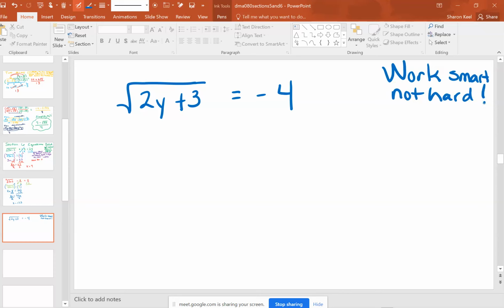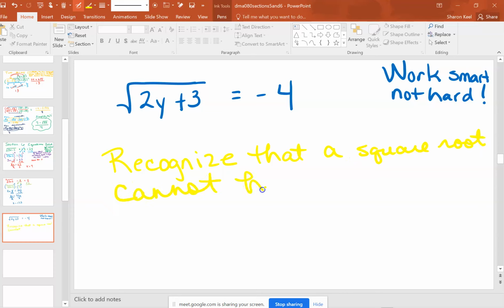What they're wanting you to do is to recognize that a square root cannot have a negative answer.